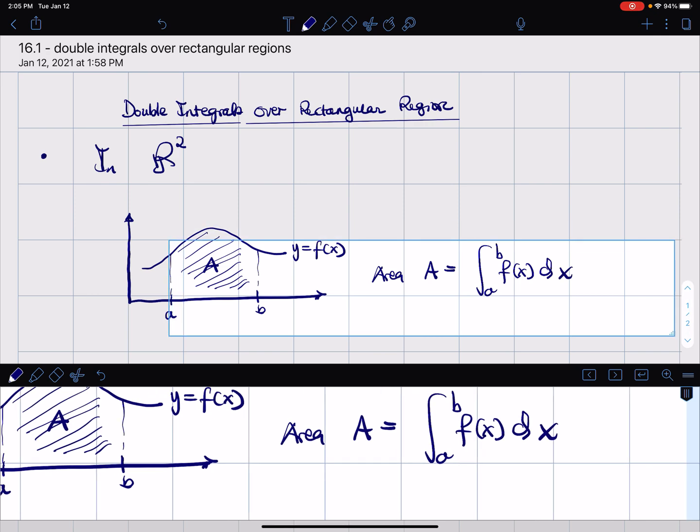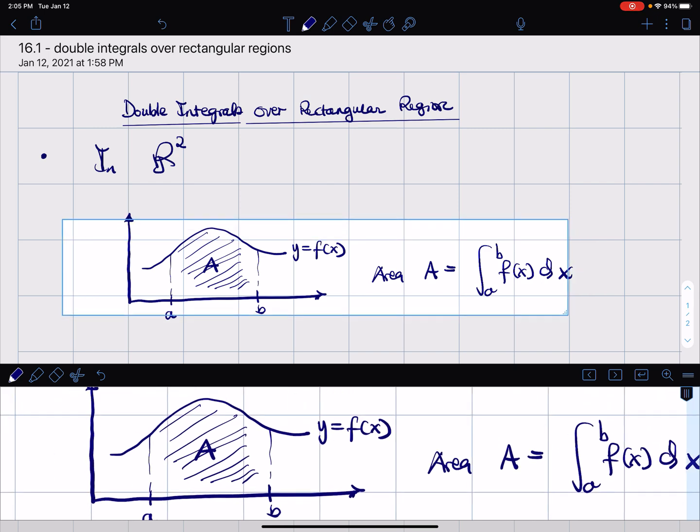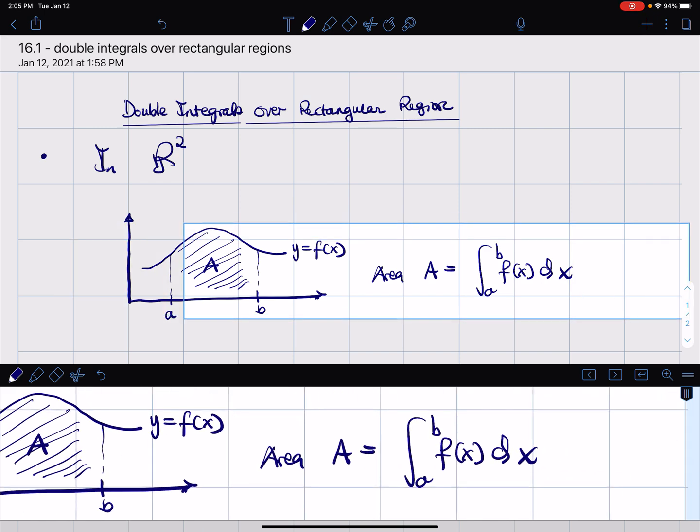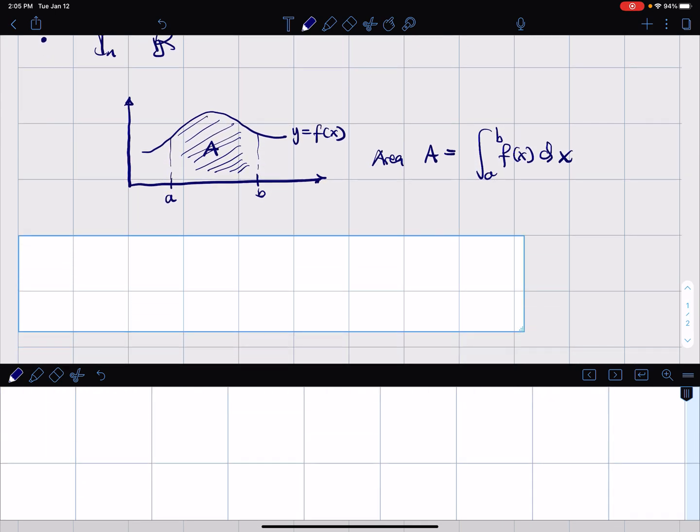All right, so if you have an area under a curve, you can express it as a single integral. We're going to extend this idea to R3. So that's what we're going to be doing in Calc 3.